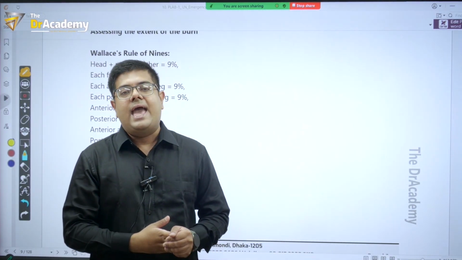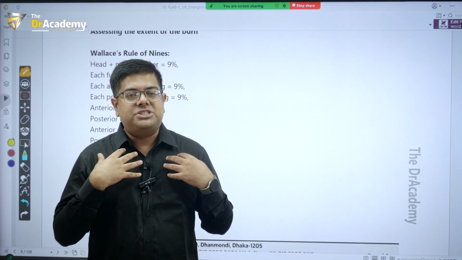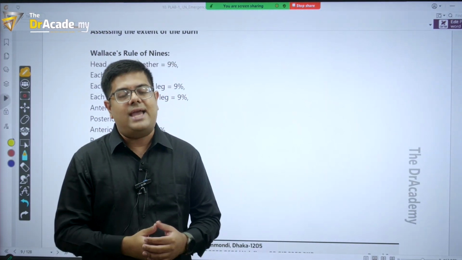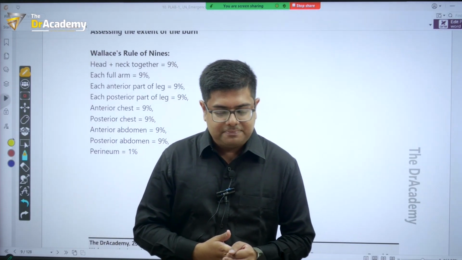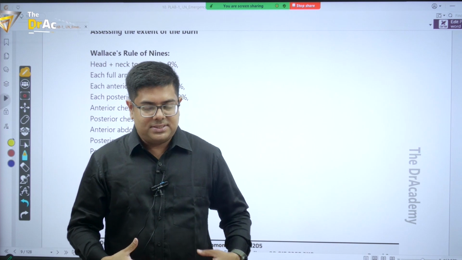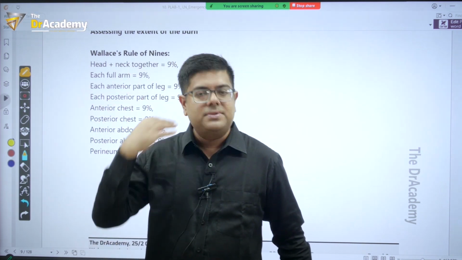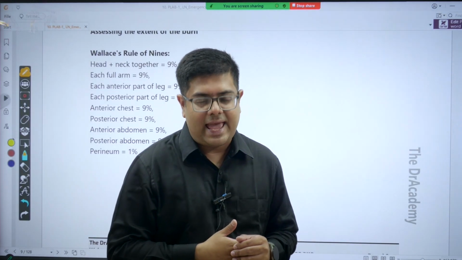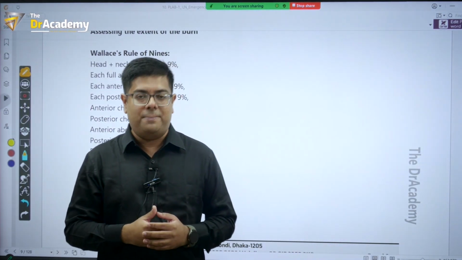Right, correct. And if we go to our chest and abdomen, front part 18, back part 18. That is total. Chest 9%, abdomen 9%. Then our back part 18%, total 36%, and our perineum is just 1%.